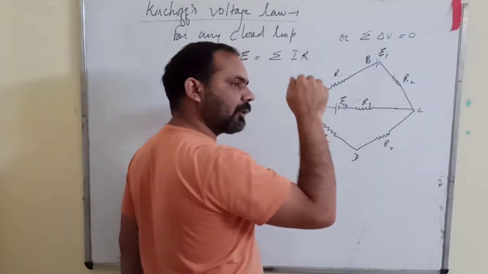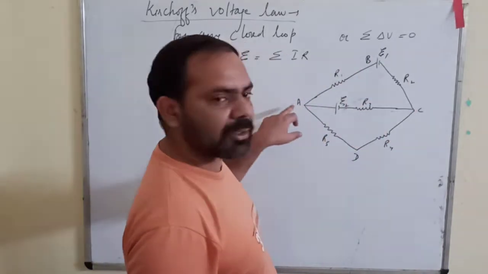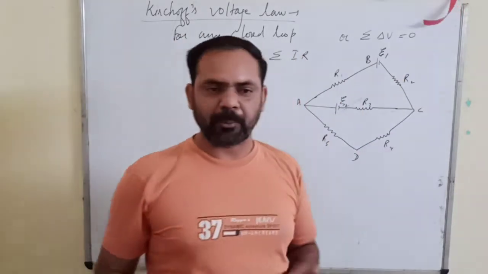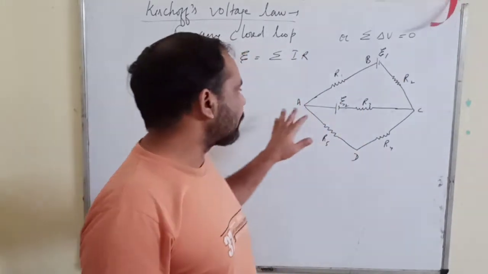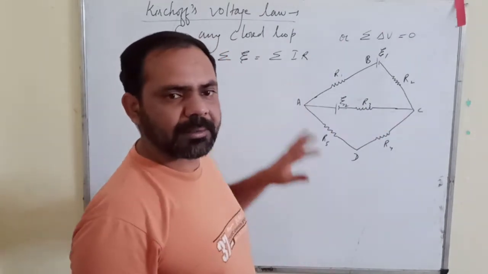Since your initial and final points are the same, the total change in potential must be 0, because you started from A and reached back at the same point. Okay, so this is your Kirchhoff's voltage law, also called KVL.